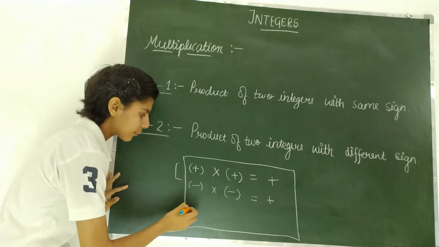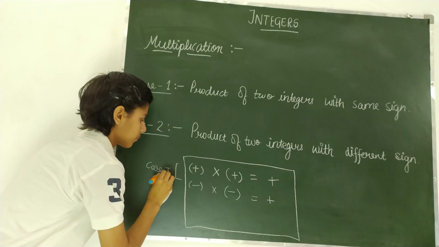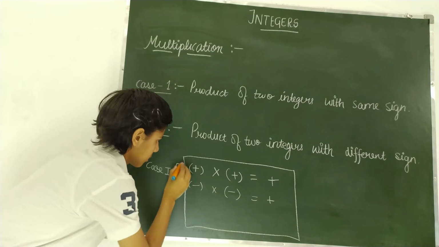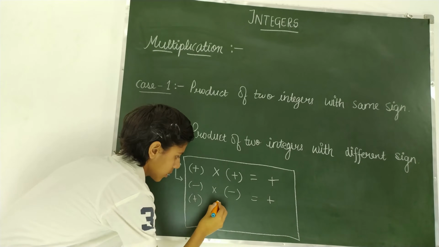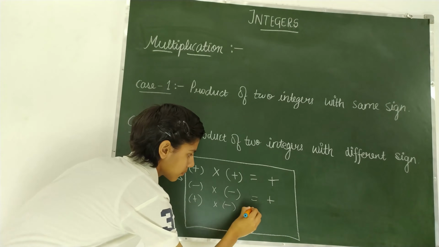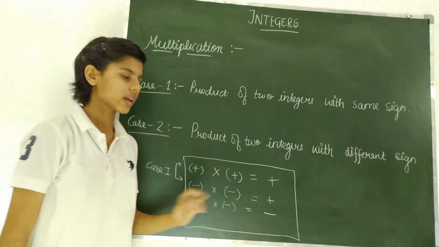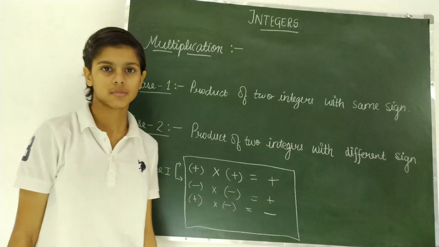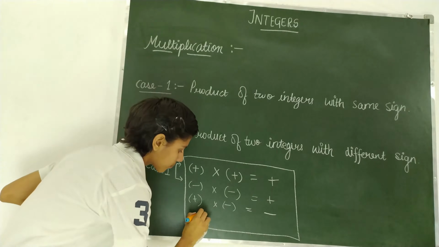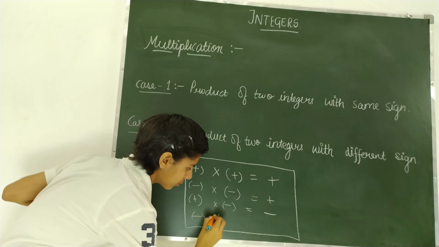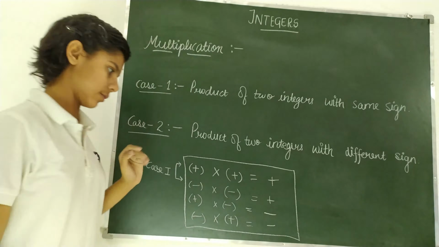And if they have different sign, case 2. Plus into minus, answer will come minus. Means first number is positive, another is negative, then the answer will come negative, because they are having different signs. Or either first is negative, another is positive, then also the answer will come negative.